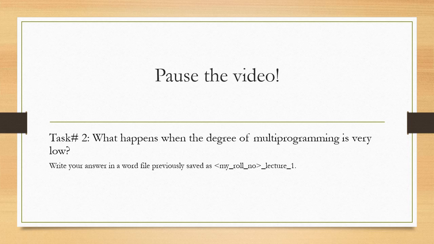And the benefit that you're getting is that while one job is waiting, the processor does not remain idle, it's executing another job. My question is, what happens when the degree of multiprogramming is very low?